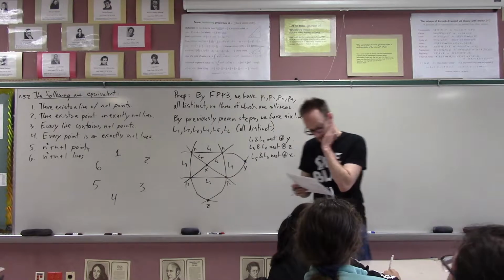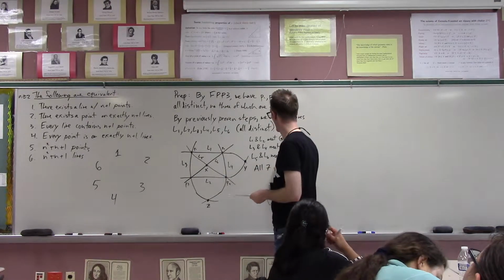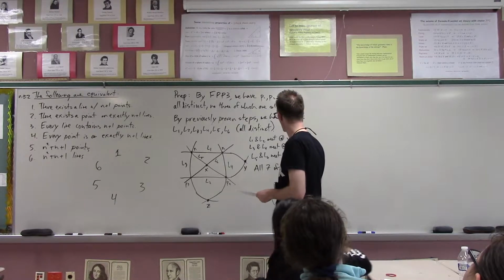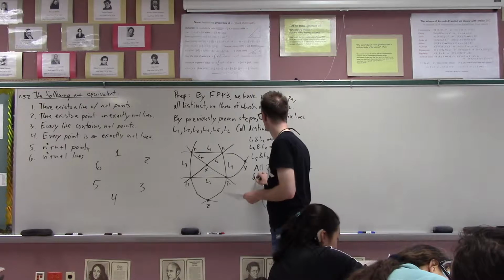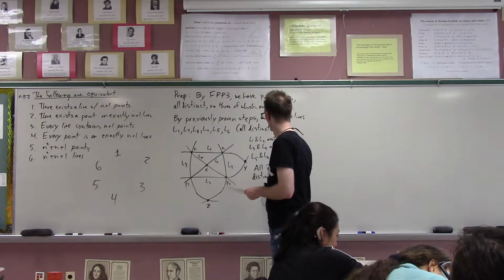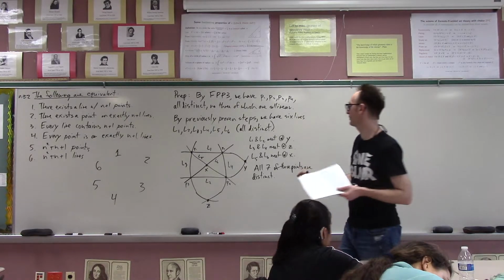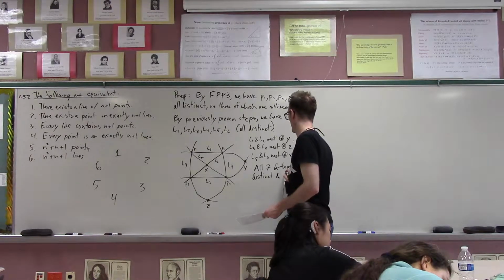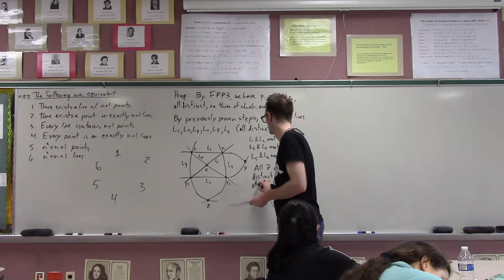And let's see, what else do I need? And then I'll just state more things that we've previously proven. All 7 of these points are distinct. And there are no other incidences.